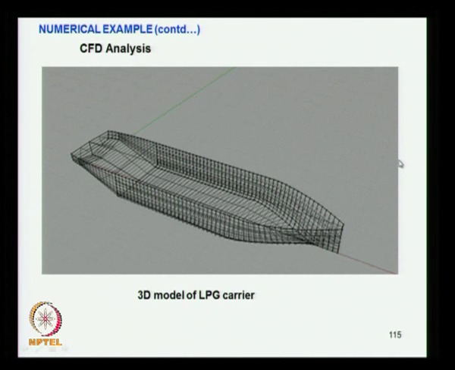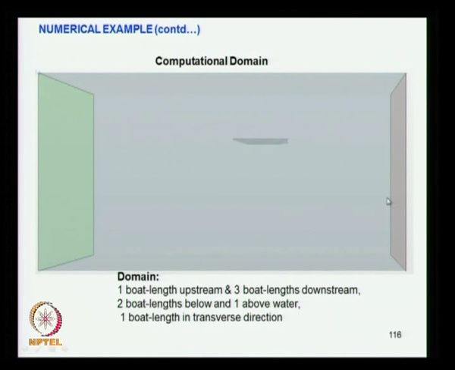Later, as I said before, a CFD analysis was carried out. It is a wireframe model of the vessel, and this is the vessel here, and we have identified a domain for the computation.